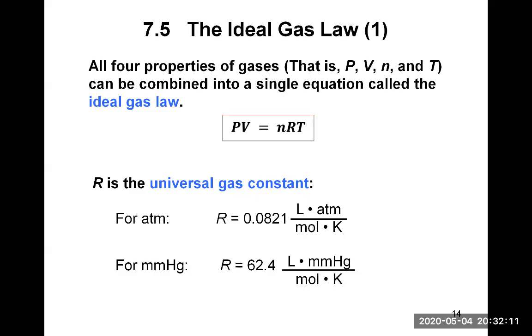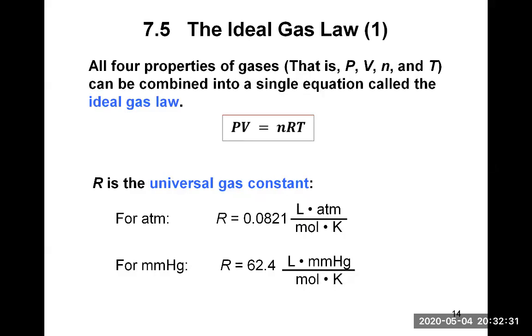If your pressure is in millimeters of mercury, then you want to use the R value that is 62.4, with the unit of liters times millimeters of mercury per mole per Kelvin. So understand that the formula here is P times V equals nRT.